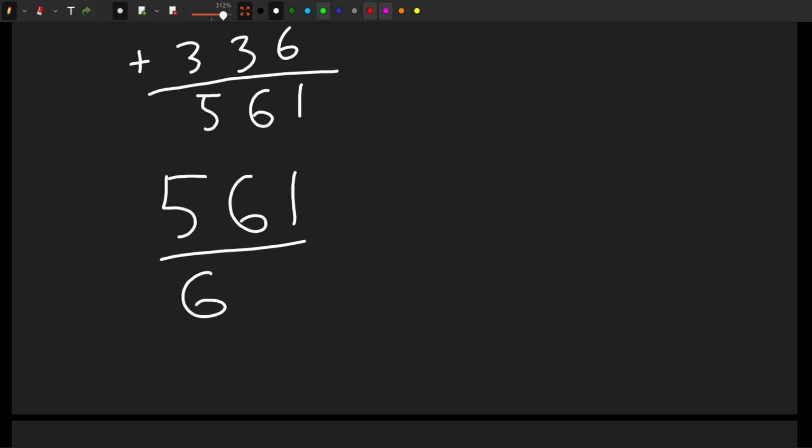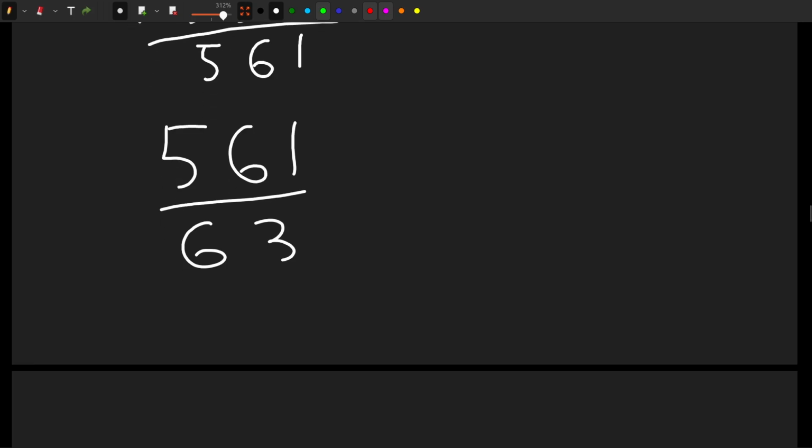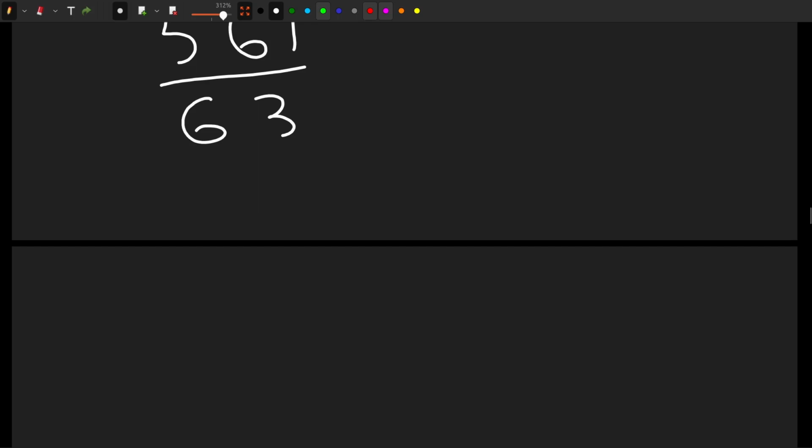Okay. Now all we have to do is find the mixed number of this, because you don't want to leave things in improper fraction if you don't have to. So we will divide this out. 63 goes into 561 how many times?